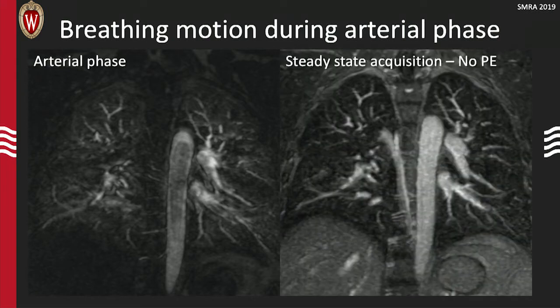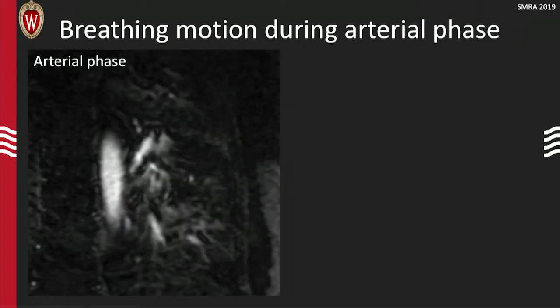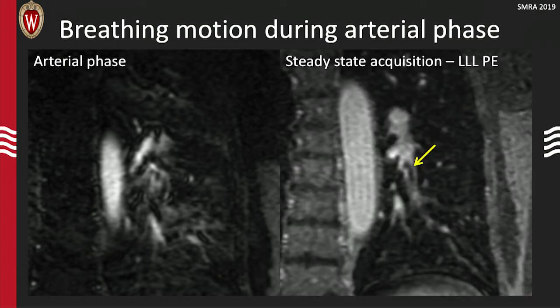A lot of times we've noticed that patients, whether it's with CT or MR, that initial rush of contrast coming through is kind of a shock to their system, and they can't hold their breath very long, or they can't hold their breath at all. Again, because we have multiple phases, you can repeat that acquisition without any problems. And that's true whether they have a PE or they do not have a PE.